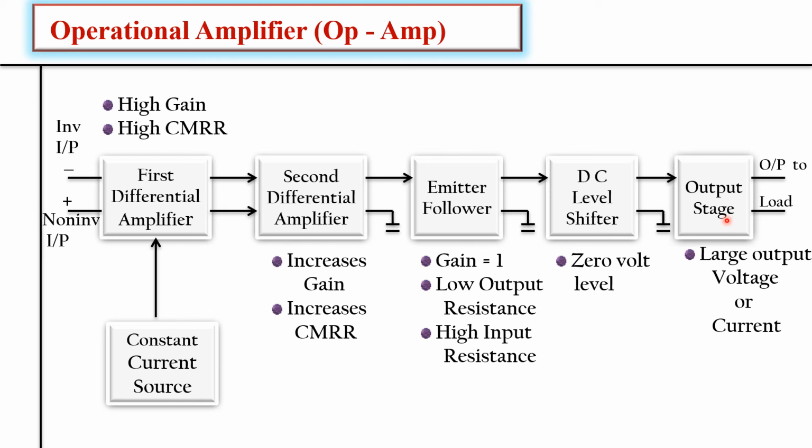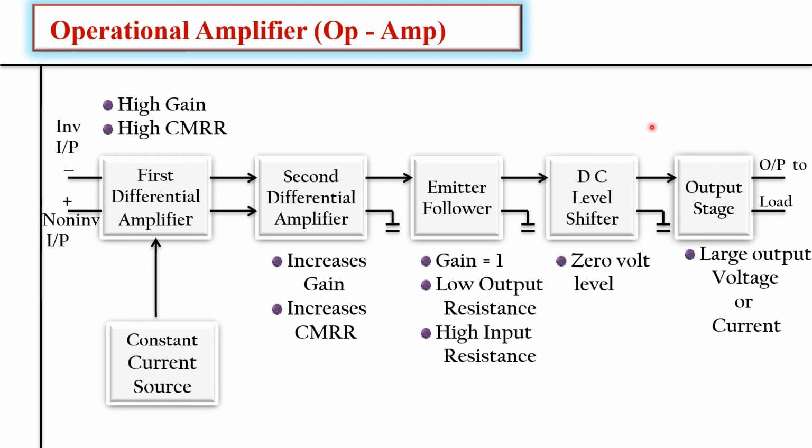The low output impedance helps to provide sufficient current to the load without distortion. So large output voltage without distortion can be obtained.